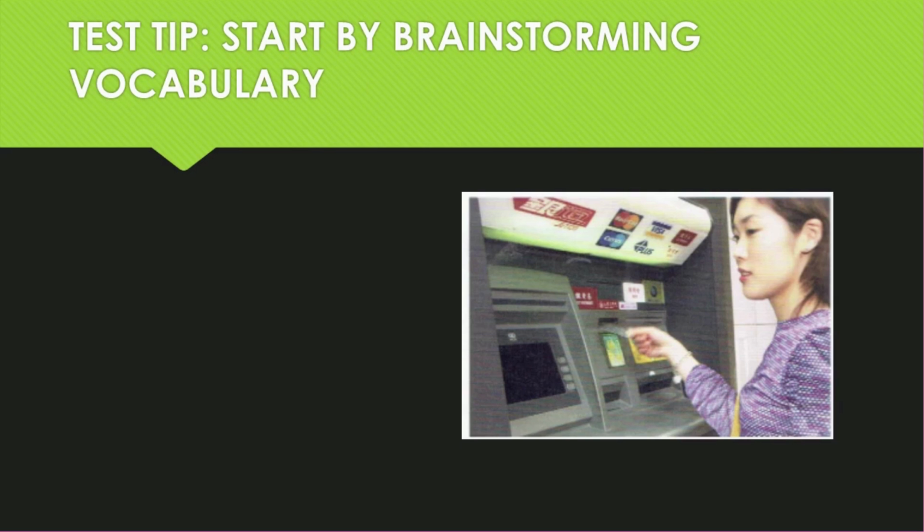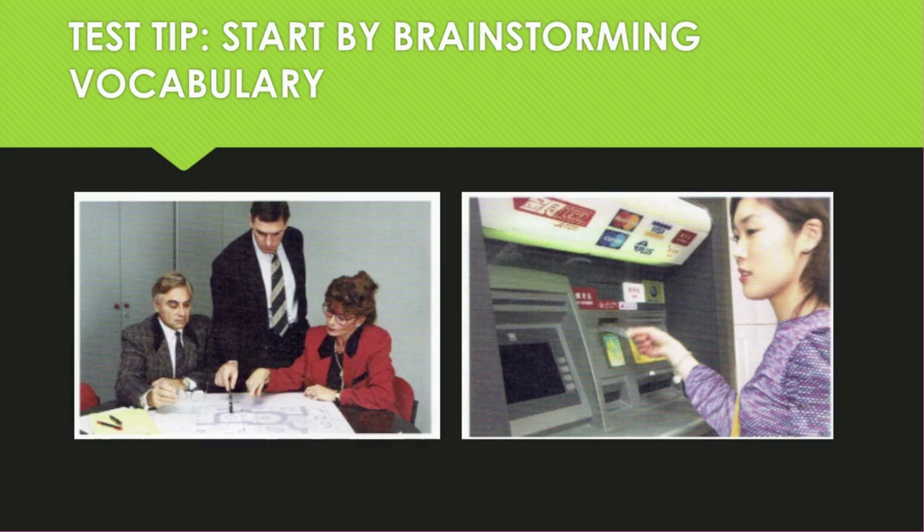Now let's learn how you can plan and organize your description. The first test tip is to start by brainstorming vocabulary. You will have 30 seconds to study the picture before you speak. So you have to start by quickly picking out all the nouns, verbs, adjectives, and adverbs that you can see in the picture. So in here, we've got two pictures. Let's look at the first picture.